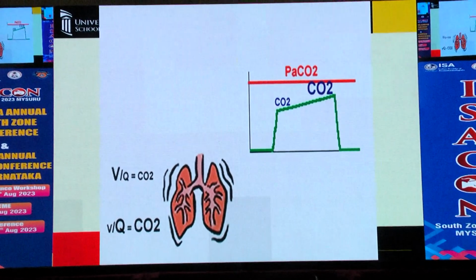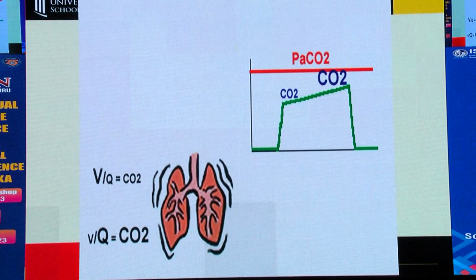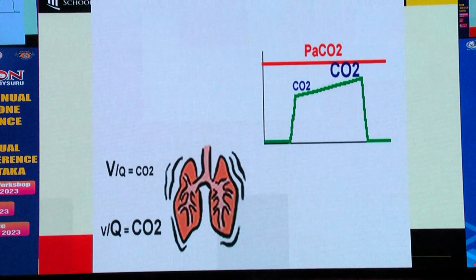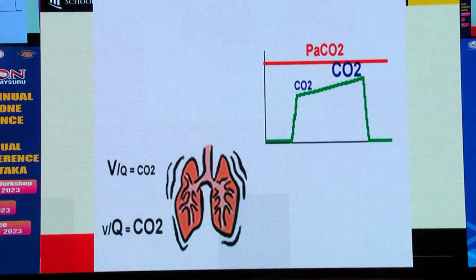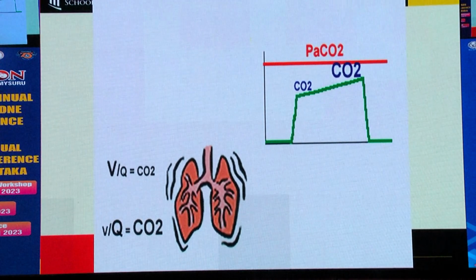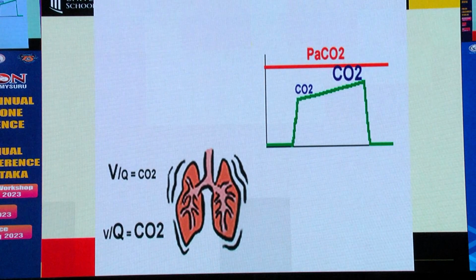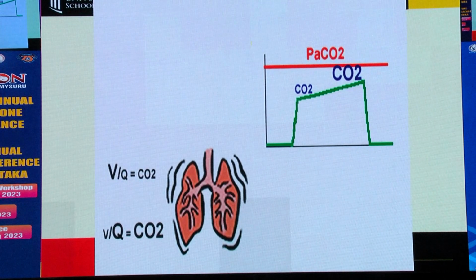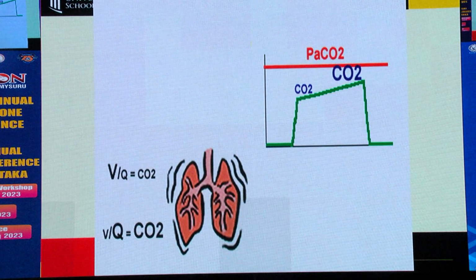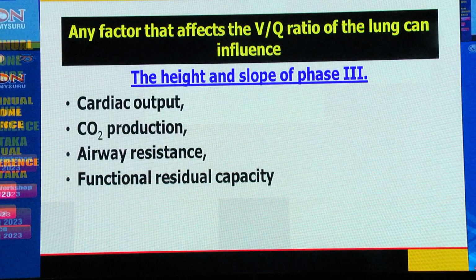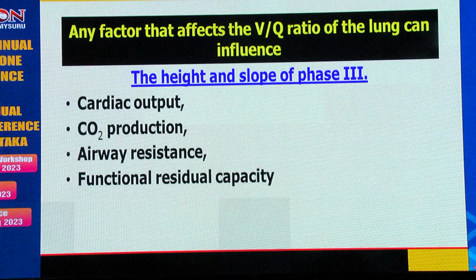That rising alveolar plateau is not a flat line. It actually tells you the ventilation perfusion mismatch of the lung of a given patient. Now, the height of that CO2 plateau, the alveolar plateau, is dependent on the cardiac output, because it is V and Q. So the shape of the capnogram is reflected by the cardiac output, the CO2 production, airway resistance, and functional residual capacity.